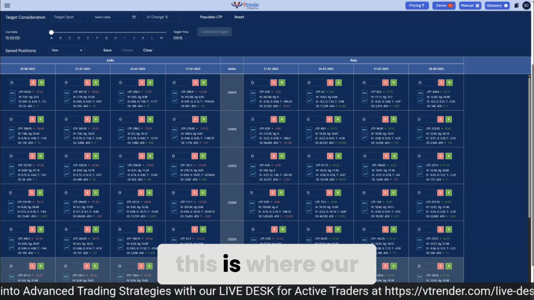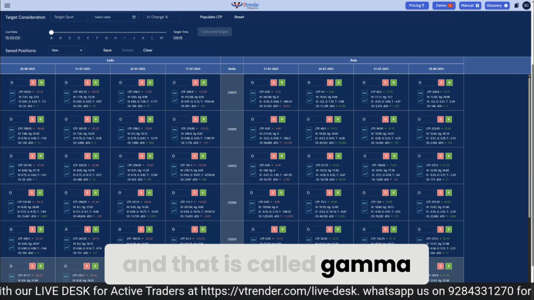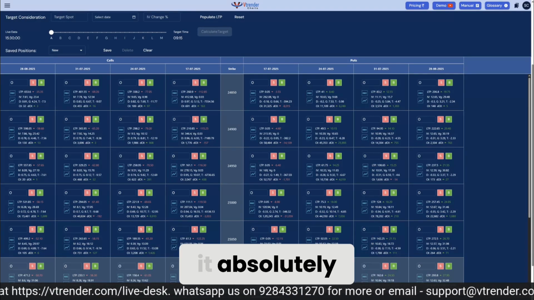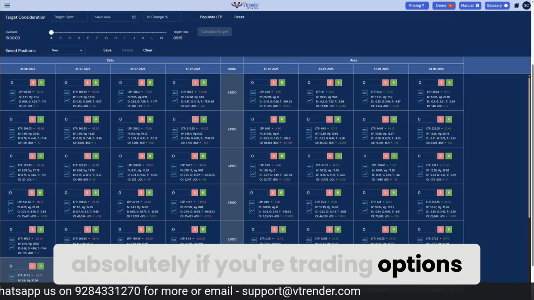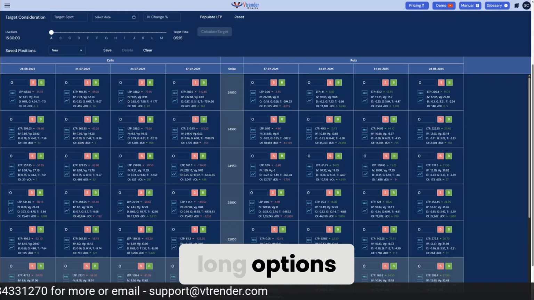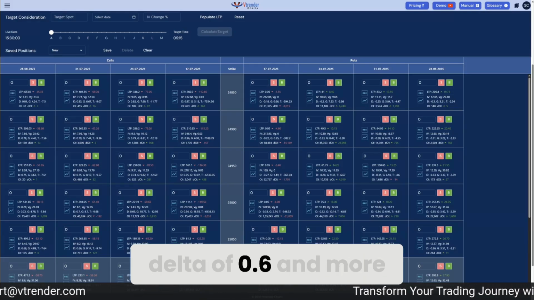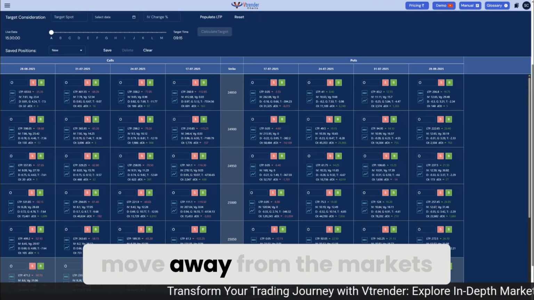Now this is where our second friend comes in, and that is called gamma. Delta is your first option Greek. You need to know it absolutely if you're trading options. If you're trading long options, long calls or long puts, we highly recommend that you choose a delta of 0.6 and more, because you will get that kind of a percentage move from the markets.